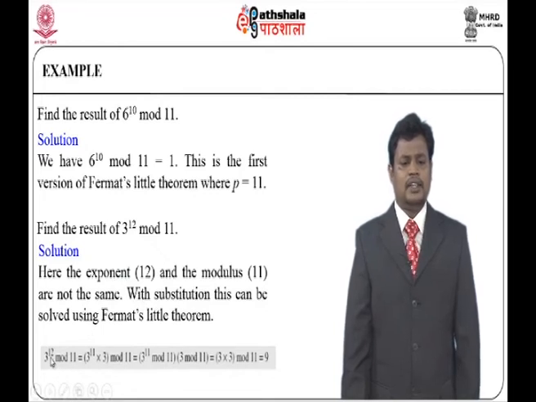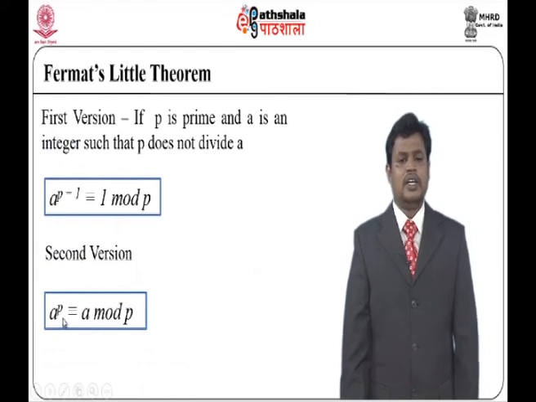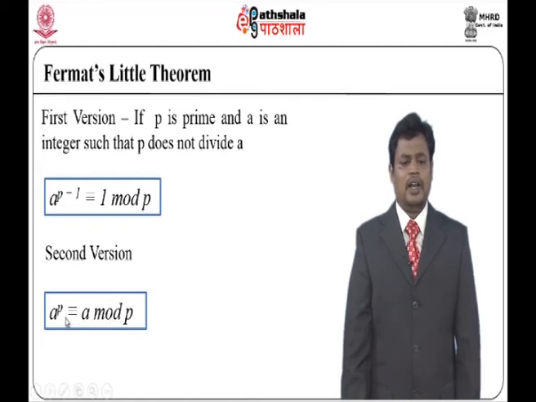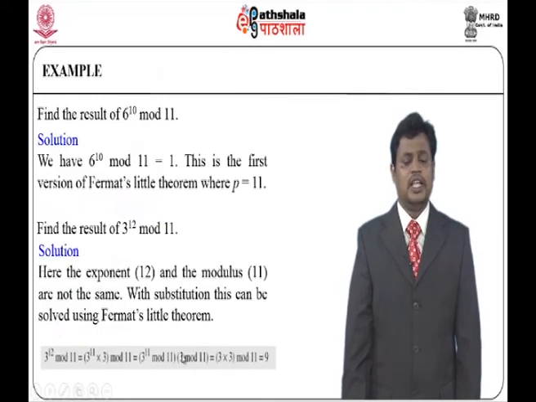We take 3 power 12 mod 11; according to the properties of exponentiation, we can write 3 power 11 into 3 mod 11. 3 power 11 mod 11 is nothing but a power 11 congruent to a mod 11, where a is 3, so we write directly 3. And 3 mod 11, the remainder is 3. So 3 into 3 we get 9, mod 11 is equal to 9.